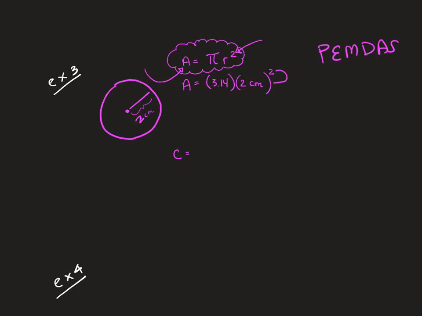An exponent multiplies to what it's immediately next to. And since 2 centimeters is immediately next to that second power, it's going to be 2 to the power of 2, which is 4, and centimeters to the power of 2, which is centimeters times centimeters, which is centimeters squared.